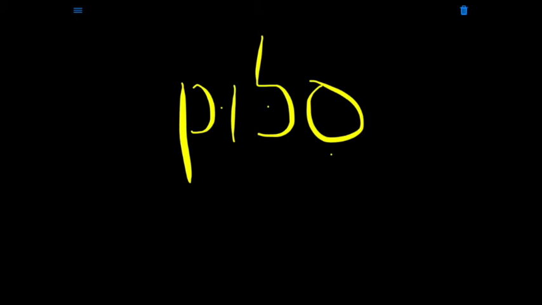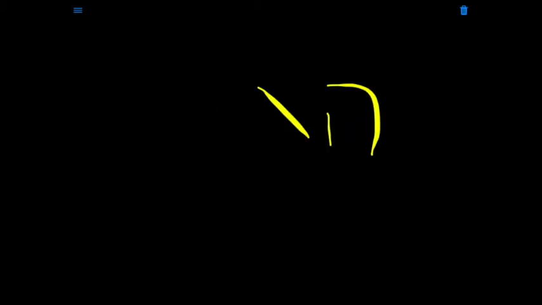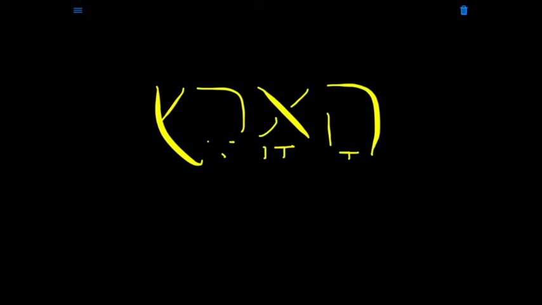And it's the same symbol that we have for a metheg. You'll remember that a metheg divides a syllable off from the rest of the word. So if we take this word, haaretz, if we put a silluq there, it shows that this is the final accent of the entire verse.